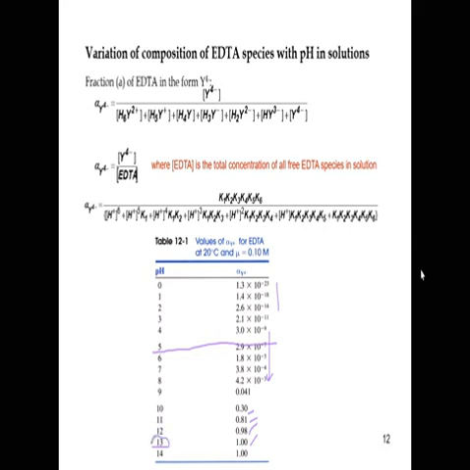So for most metals, you have to do the titration under controlled pH. It should be something around 8 or 9, right? To make sure you have enough Y4-.